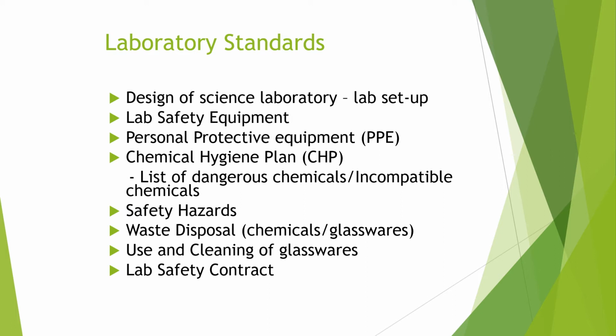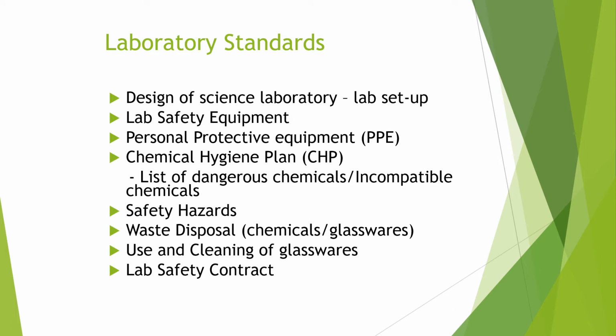Of course, we also require students to have their own personal protective equipment, which includes the lab apron, laboratory gown, the safety goggles, and if the students are working in a biology lab, they are also required to use safety gloves.